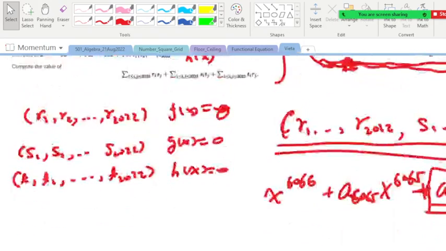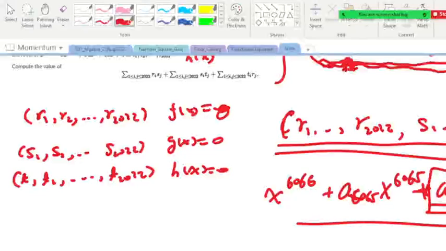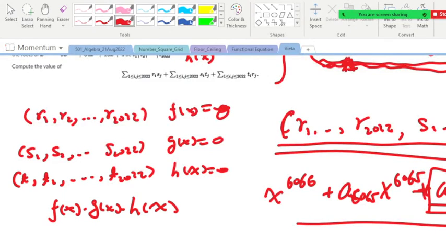Okay, so think about it, then what it looks like. This equation looks like f(x) times g(x) times h(x). Then these will be the 6066 roots of this one, the capital F(x). I think I already got it.